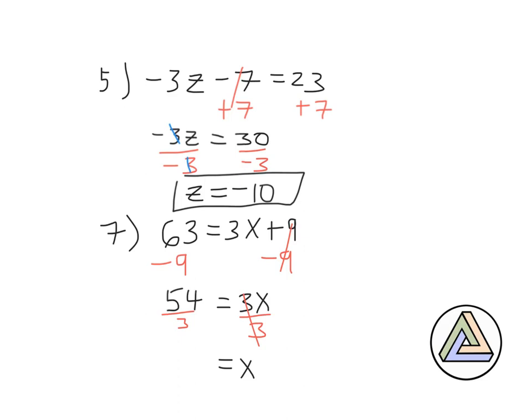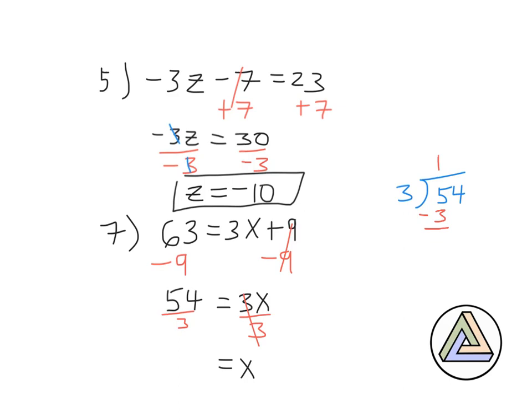I'm going to go off to the side and just do that. 54 divided by 3. Now, my student at home watching, please make sure that your division game is on point. 3 goes into 5 how many times? It goes into 5 one time. So then it's going to be 3 times that 1, and that gives us 3.